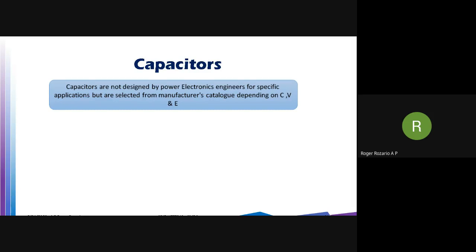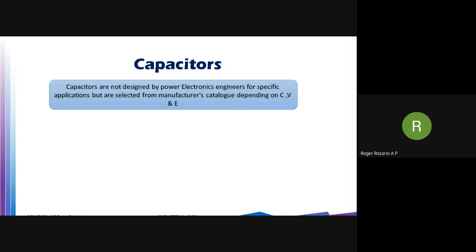Suppose you are a power electronics engineer constructing a DC to DC converter. You will not design the capacitors the way you design inductors, by finding out the area product equation, what is Ac, what is Aw, the size of the wire, the number of turns. Capacitors are manufactured by circuit element manufacturers at different ratings.